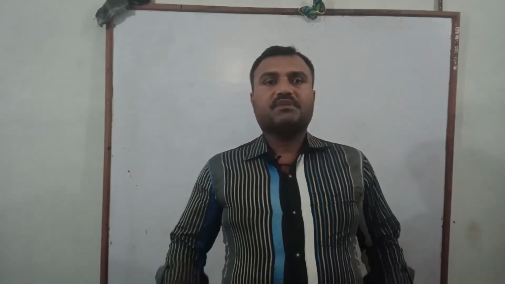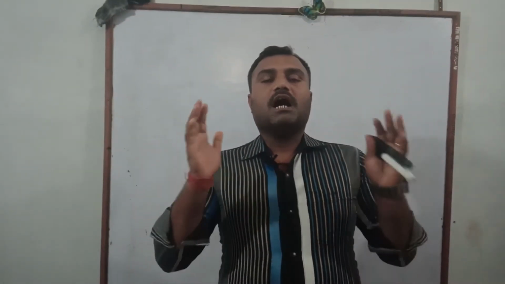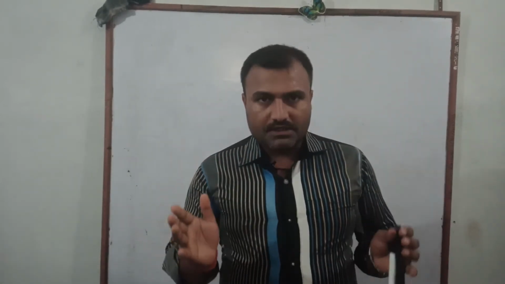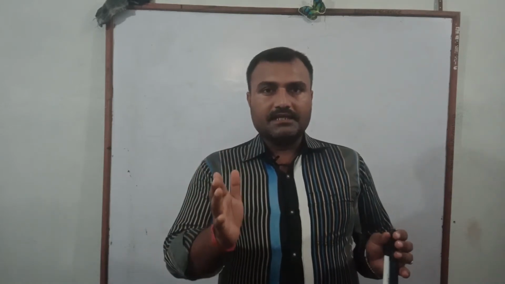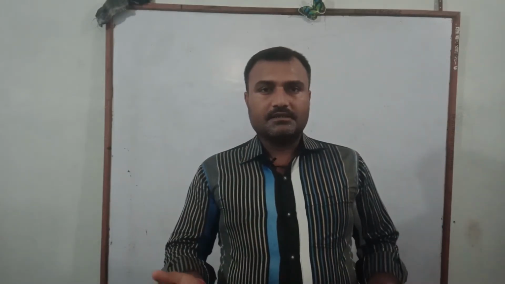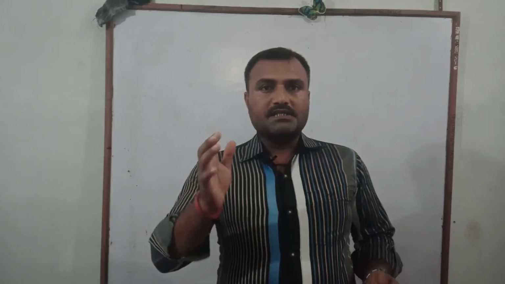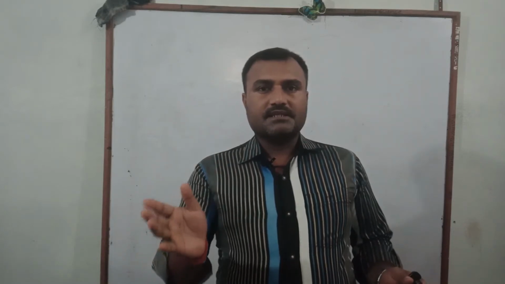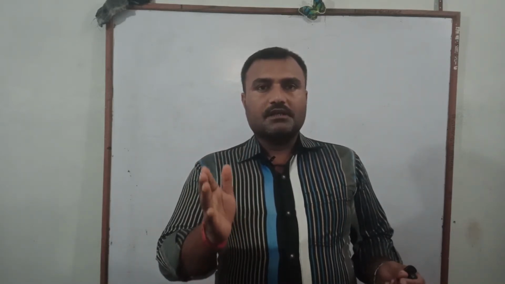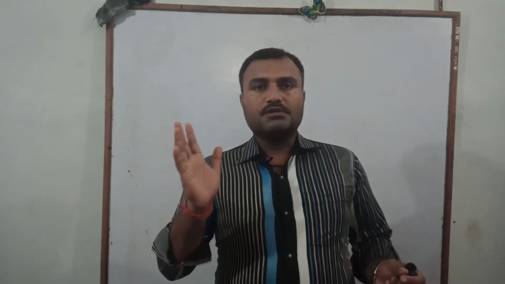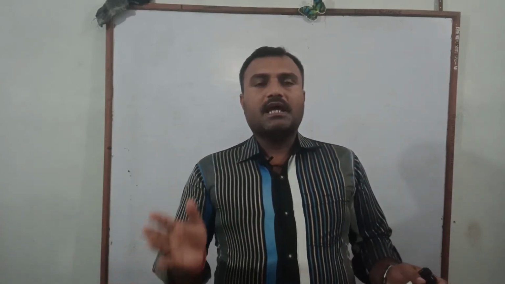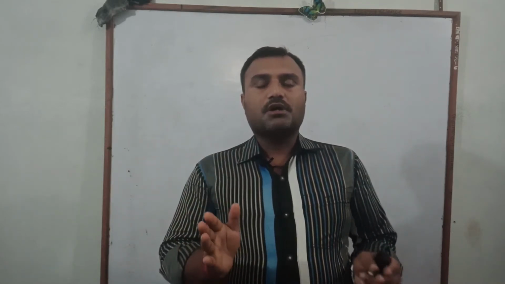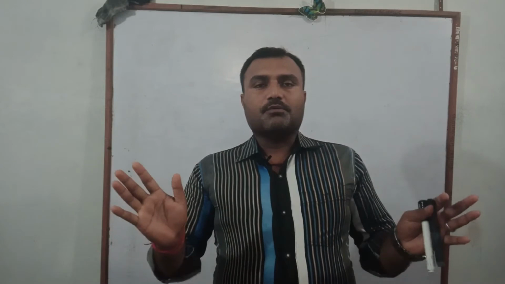Hello students, in my previous video I described the basic concepts related to chemical equations, like what is a chemical reaction, what is a chemical equation, and how we express a chemical equation by using simple words, which is known as a word equation, and by using symbols or molecular formulas, which is called a formula equation.